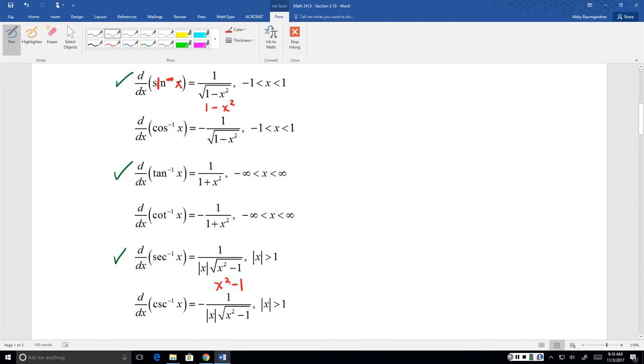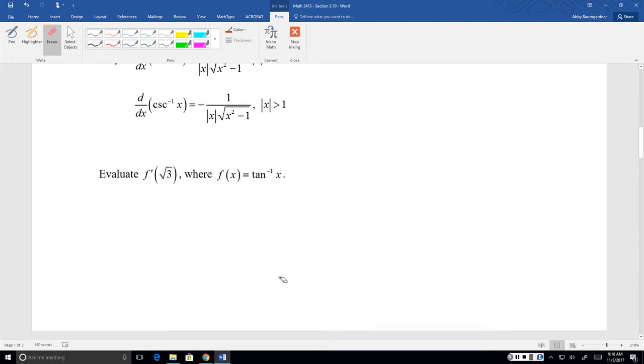I knew that there was an x squared and a 1. I just couldn't remember which came first. And it was easy to remember that secant was icky because of the absolute value. So I knew this went with the secant. I just could never remember which guy went first, so that helped me. If that helps you, great. If not, okay. Memorize it however. Just get it memorized.